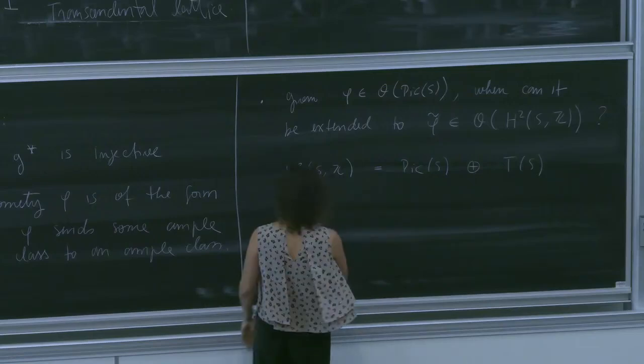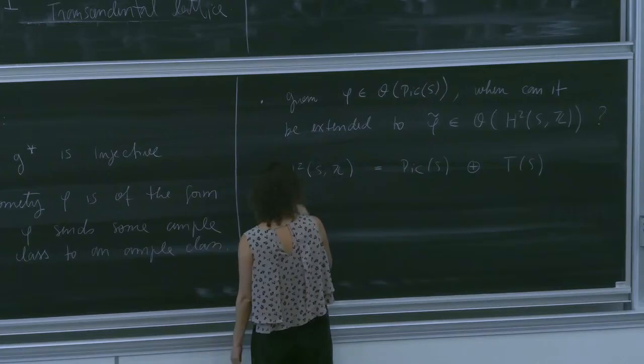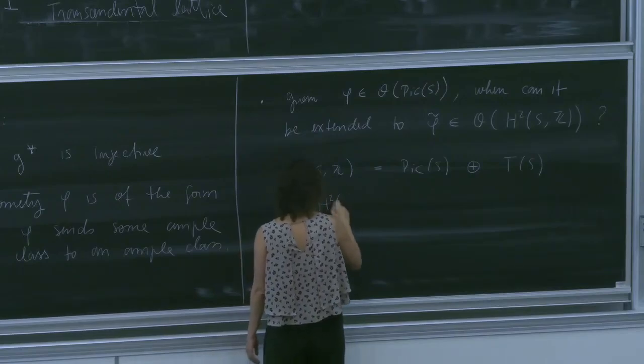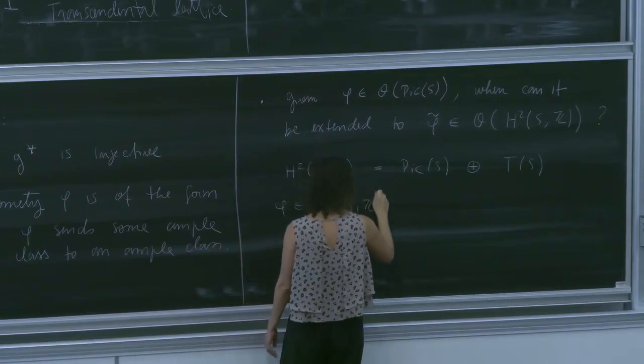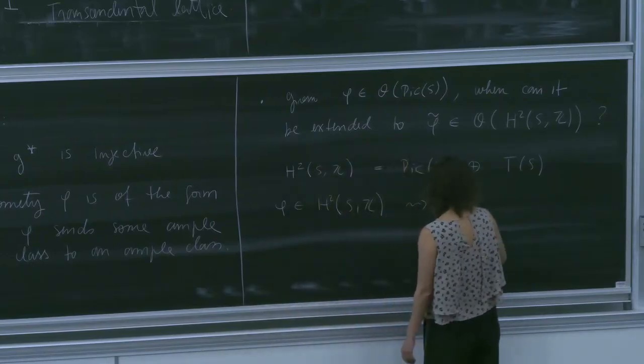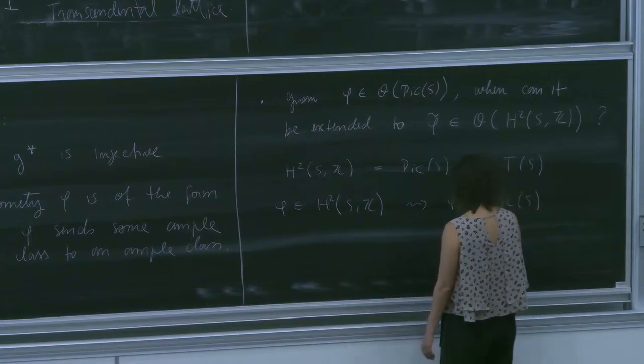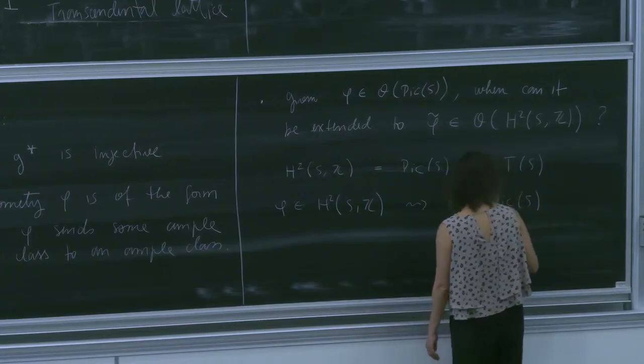And so if I start with an isometry of the whole K3 lattice, it will induce an isometry of the Picard lattice and an isometry of the transcendental lattice.